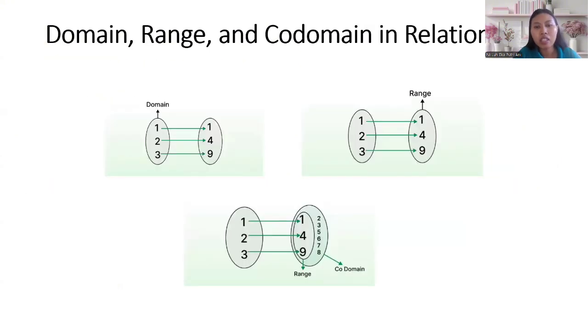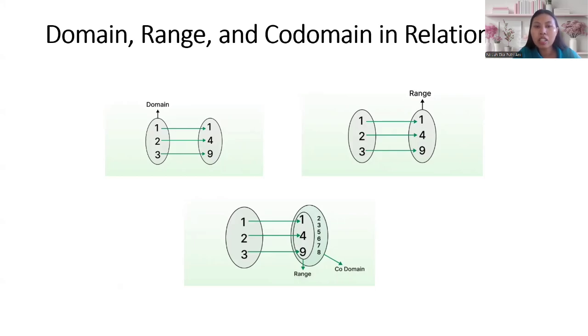Next, domain, range, and codomain in relation. First, the domain. The domain of any relation is the set of input values of the relation. For example, if we take two sets A and B and define a relation R as the set of all ordered pairs (a, b) such that a is an element of A and b is an element of B, then the set of values of a is called the domain of the relation.